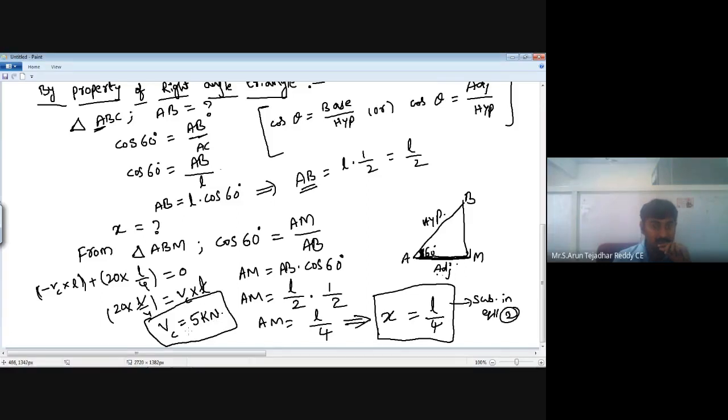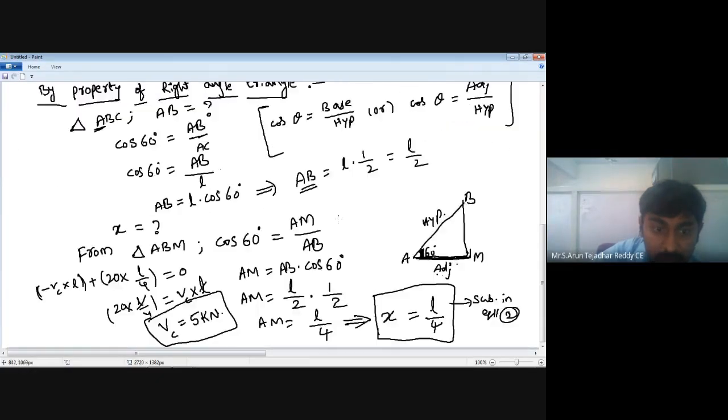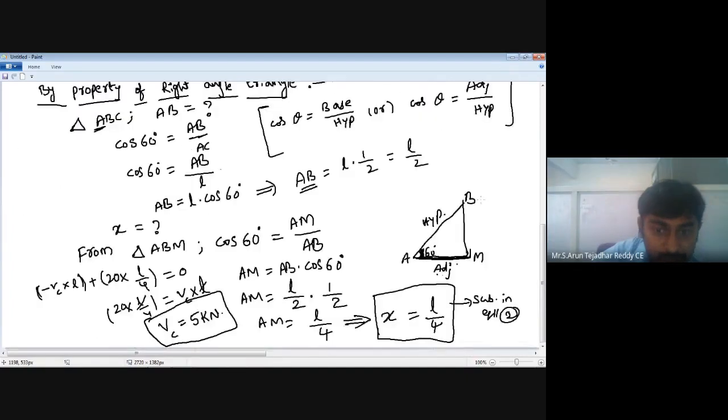Again, this VC substitute in equation number 1, then you will get the VA value. All of you write down. Substitute VC in equation 1.